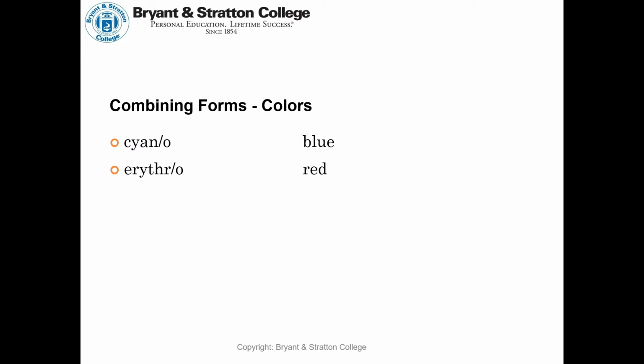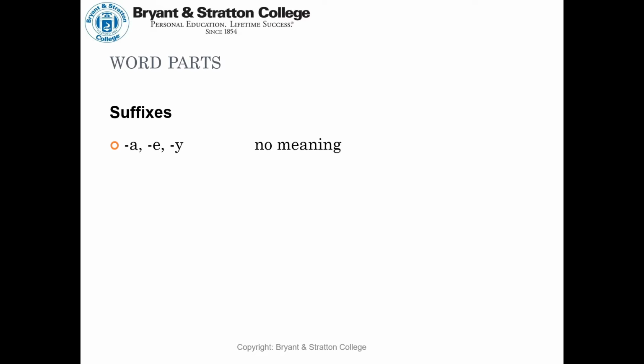Erythro, red, like erythrocytes. Leuco, white, like leukocytes. Melano is black, like melanocytes, and melanocytes are what produce melanin and give skin its pigment. Xantho is yellow. So suffixes A, E, and Y, these actually are going to have no meaning.